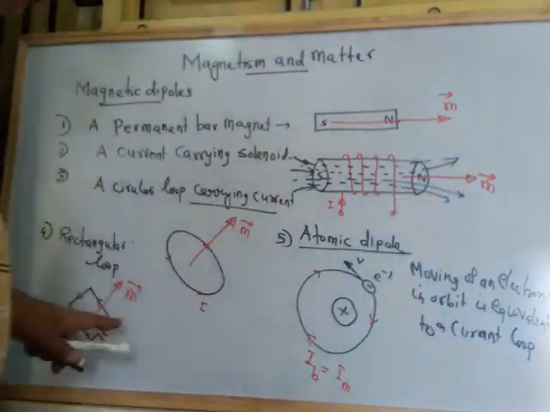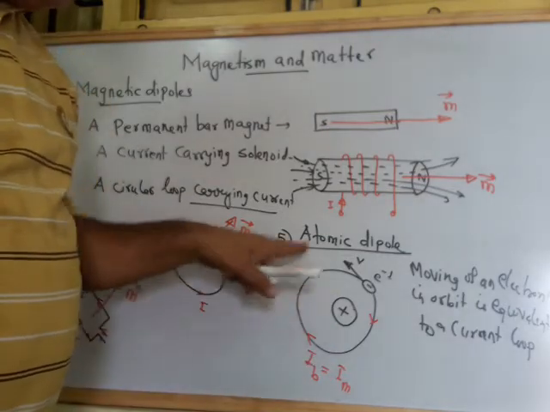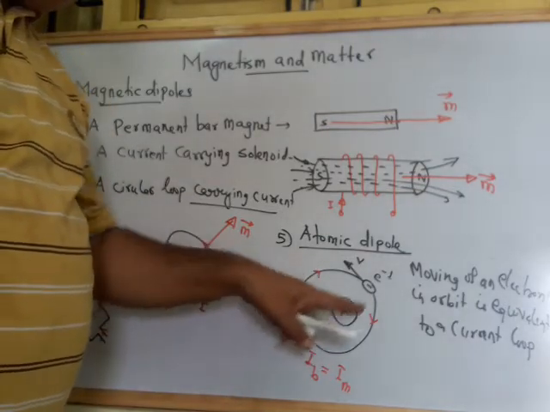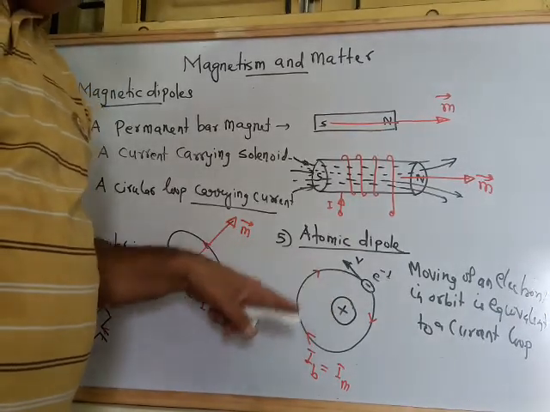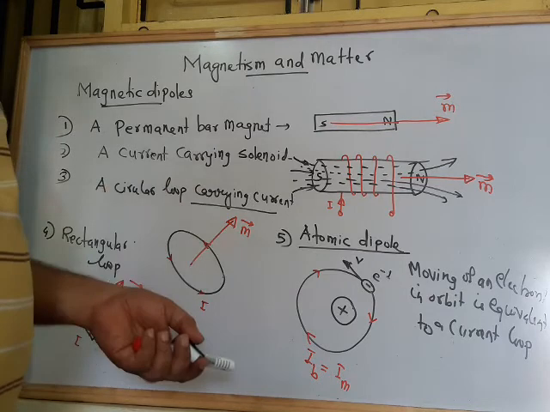So since the current loop can be told to be behaving as a magnetic dipole, hence this atomic revolving electron in a particular orbit can be called a magnetic dipole.